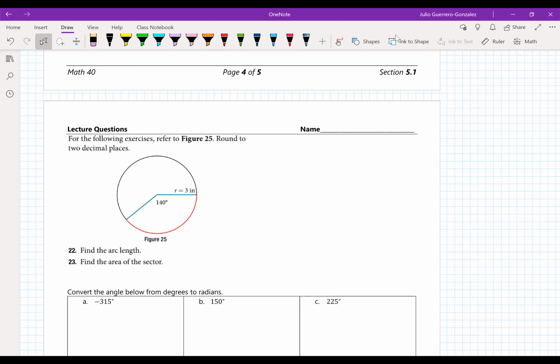Okay, so 21 divided by 9, and then you multiply that by 3.14159. You get 7.